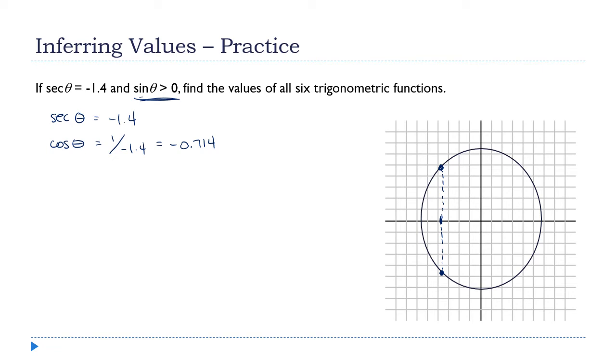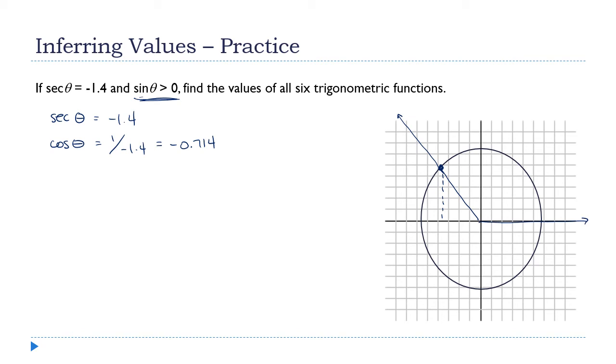And of these 2 points, it's this one here, the upper one, the one that's in the second quadrant, that has a positive y value. So I don't want that angle down there. This angle here is the one that I'm looking for.